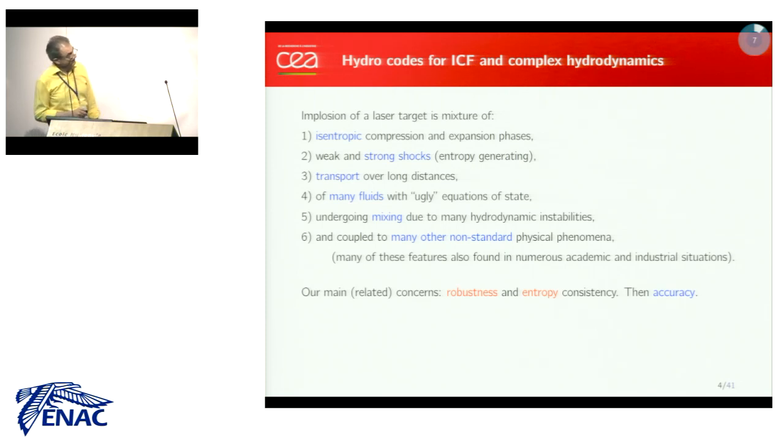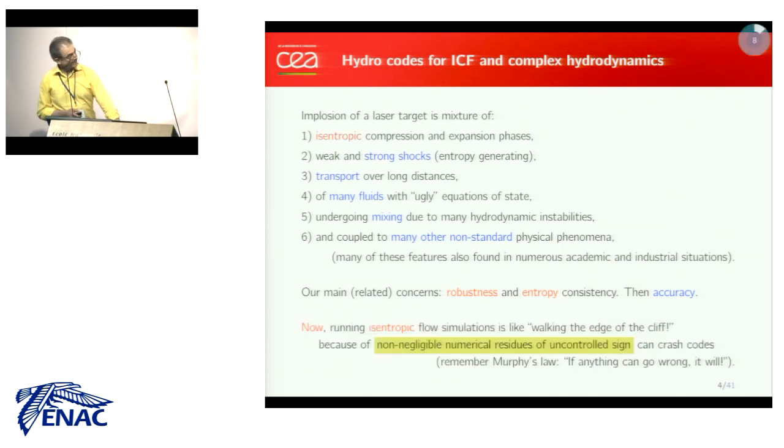So our main concern, and these are related concerns, is robustness and entropy consistency, and then only accuracy, okay? Because if the code doesn't work, because basically it crashes, you're not thinking about accuracy in the first place, of course.